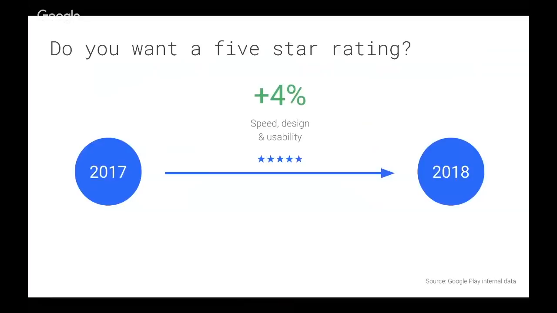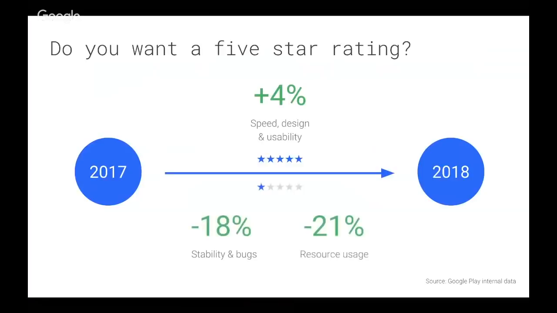But let's look at if you want a 5-star rating. Well, what we found is that over the past 2 years working on Vitals, from 2017 to 2018, we saw changes happening in the mentions of these topics. And what we found is that in the 5-star reviews, we see an increase in users talking about speed, design, usability, because developers are focusing on those more.